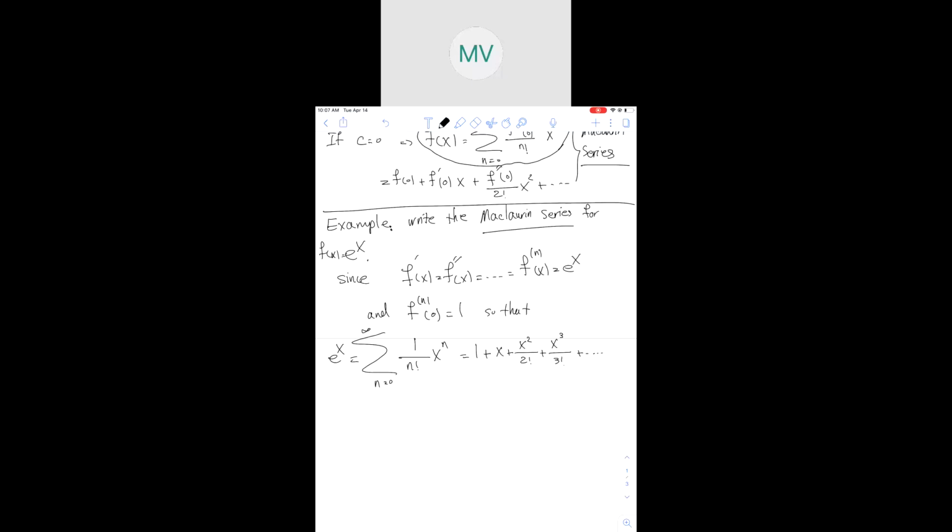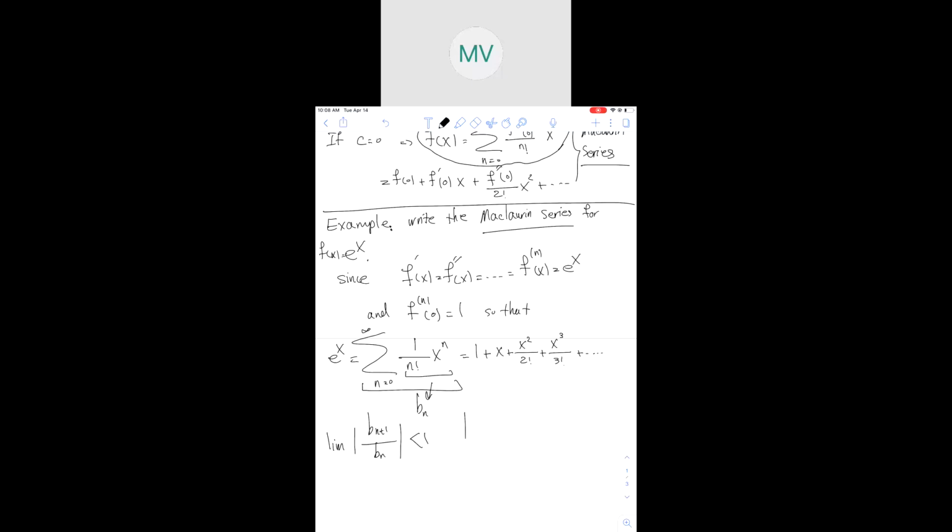What's the radius of convergence of the power series of e to the x? Well, how do we figure out the radius of convergence? If we call this b sub n plus 1, b sub n, then we set up b sub n plus 1 over b sub n, take the limit of that, set it strictly less than 1 and solve for x, right?